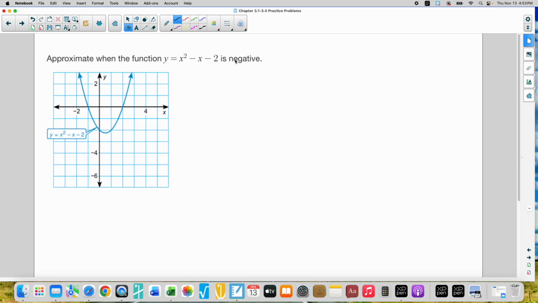Approximate when the function is negative. So negative means when is it below? Negative is below. When is it below the x-axis? And when they say when the function is negative, what they're saying is negative outputs, meaning y values.